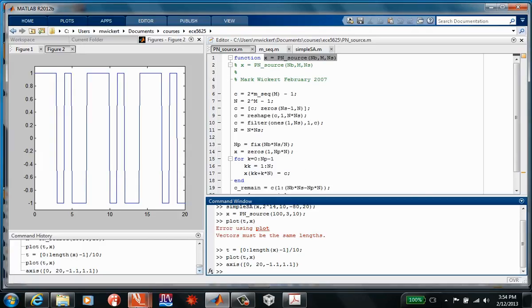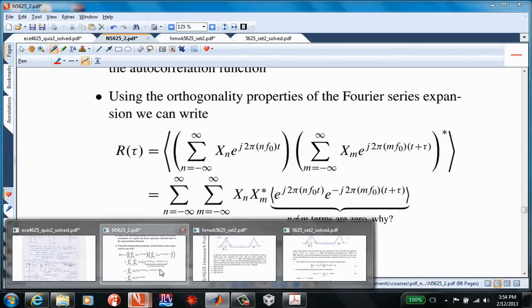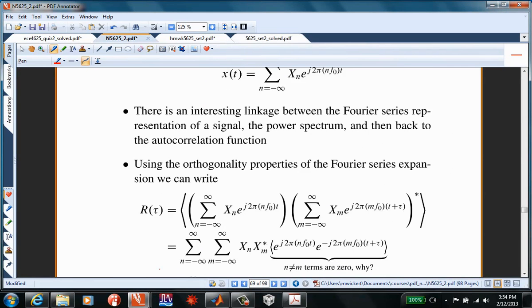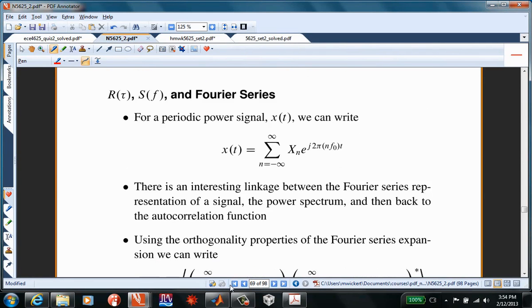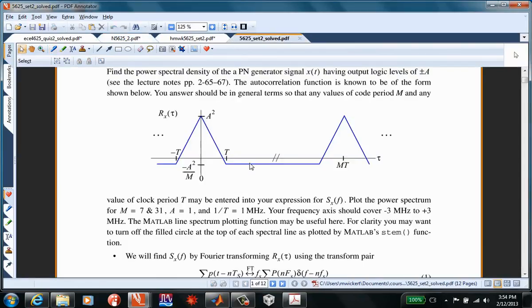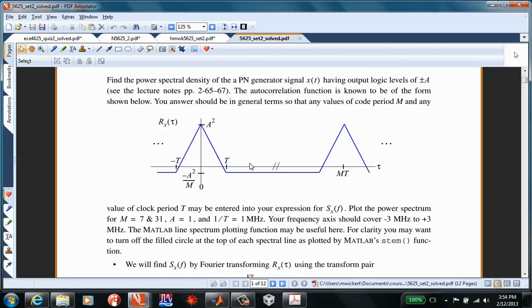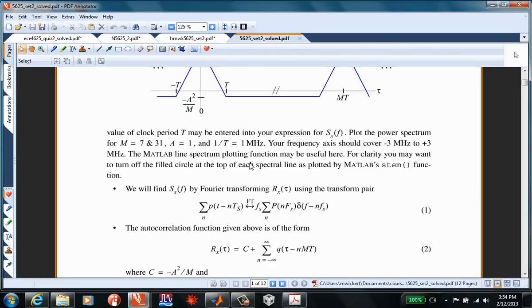So then jumping back over here to the notes, we have to look at what the spectrum looks like, and that's discussed in the homework problem, which I've given you the solutions to. This is to help in the lab, but also give you another waveform to look at finding the power spectrum of.